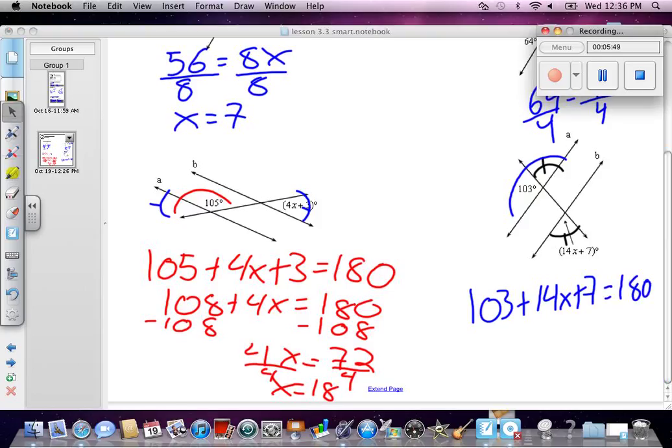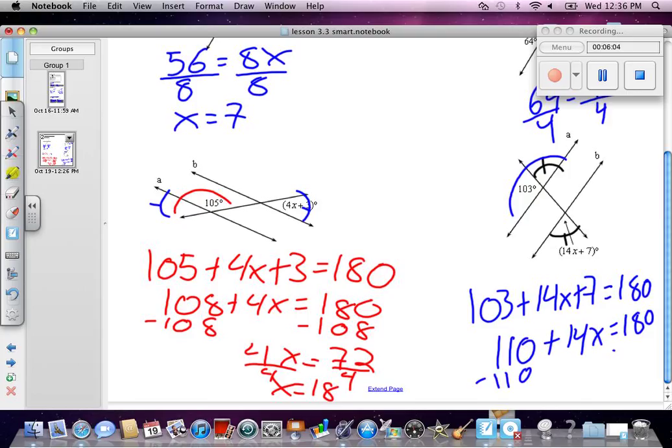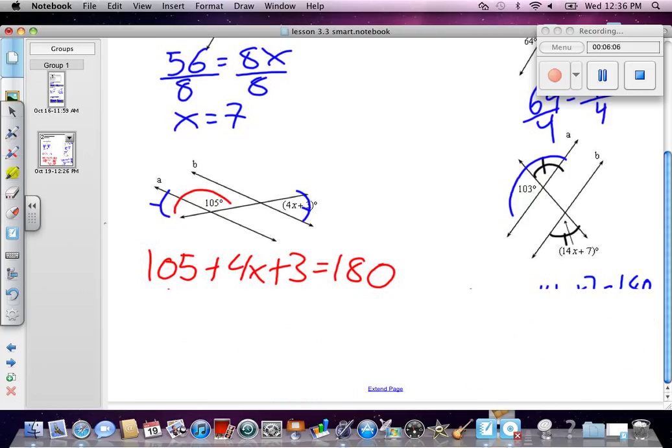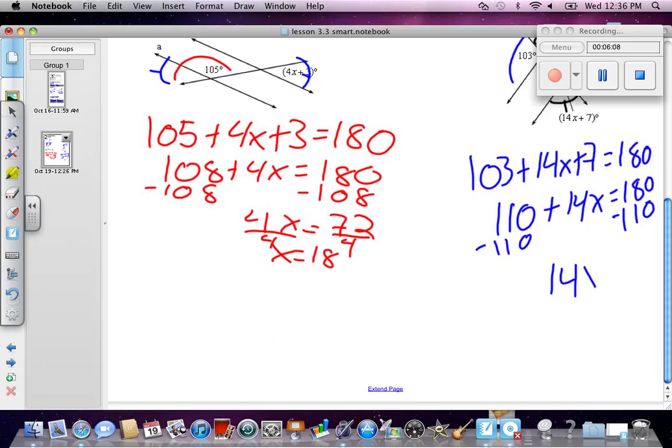So we combine like terms: 103 and 7 is 110, so 110 plus 14x equals 180. Then we subtract 110 from both sides and get 14x equals 70. Divide both sides by 14, and we get x equals 5.